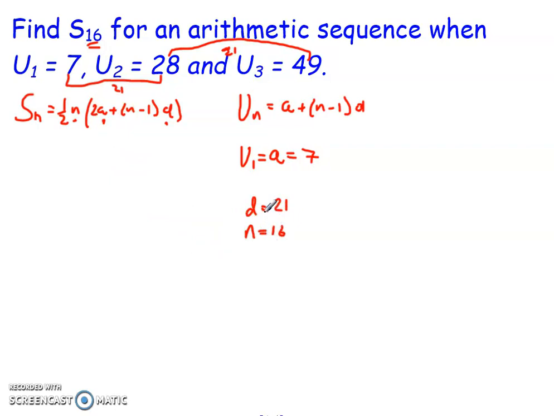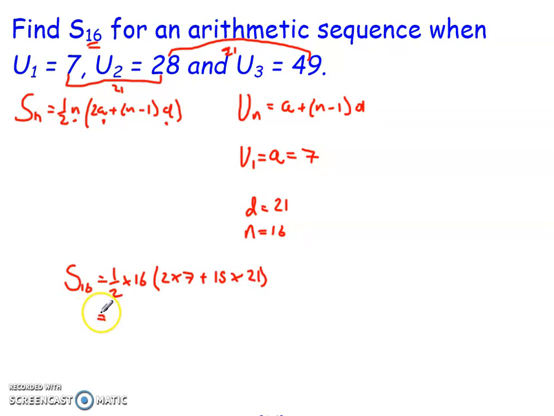So I now have all the bits of information that I need, plug it into the formula, and you can calculate it through like that. So S16, the sum of the first 16 terms, is given by a half times 16, bracket 2a, so 2 times 7, plus n minus 1, which is 15, times the d, which is 21.